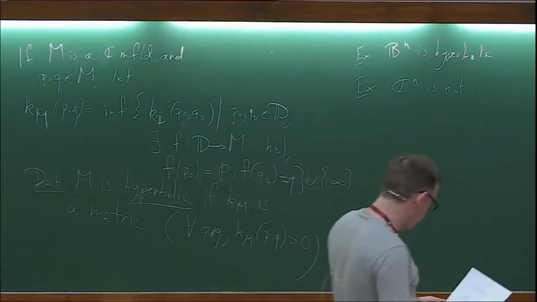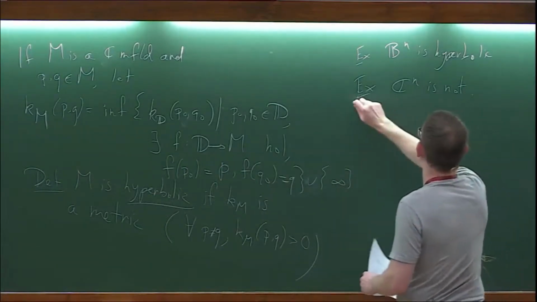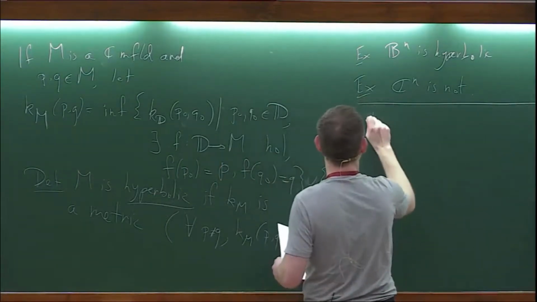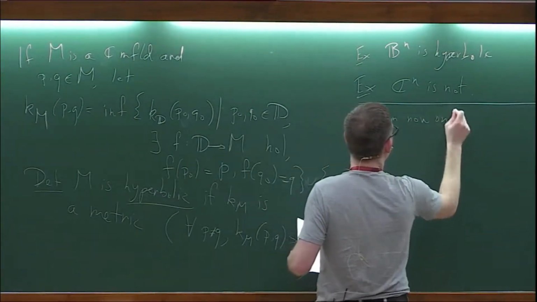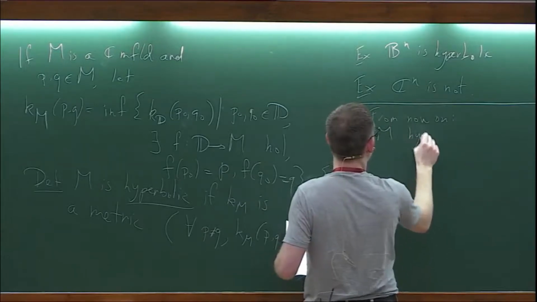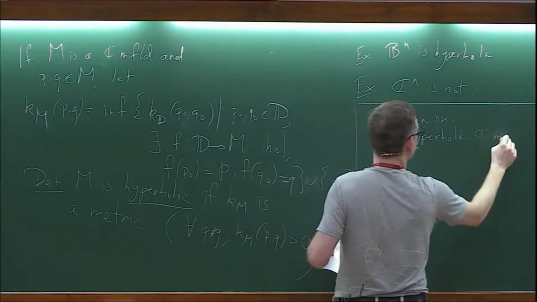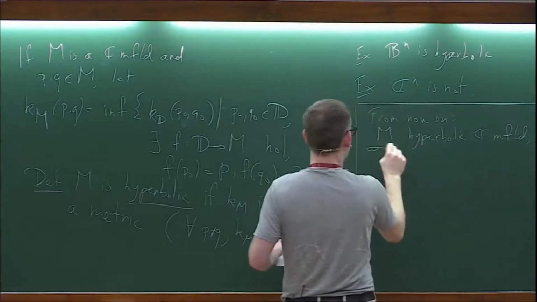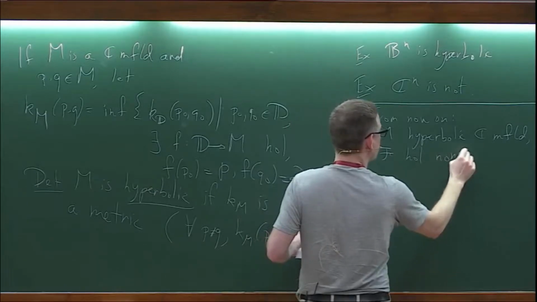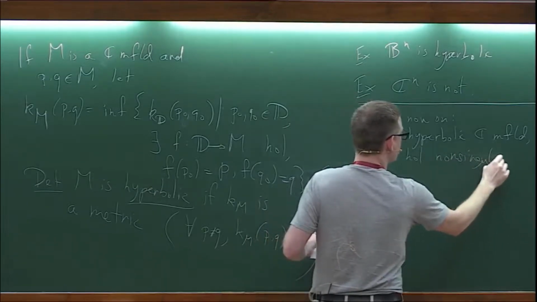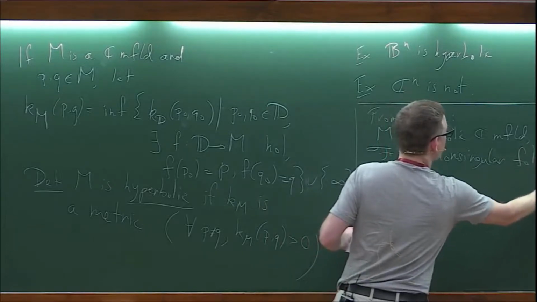Okay, so from now on, M is going to be a hyperbolic complex manifold, and F is a holomorphic non-singular foliation on M. I said I wouldn't even say these words, but now I'll say them.